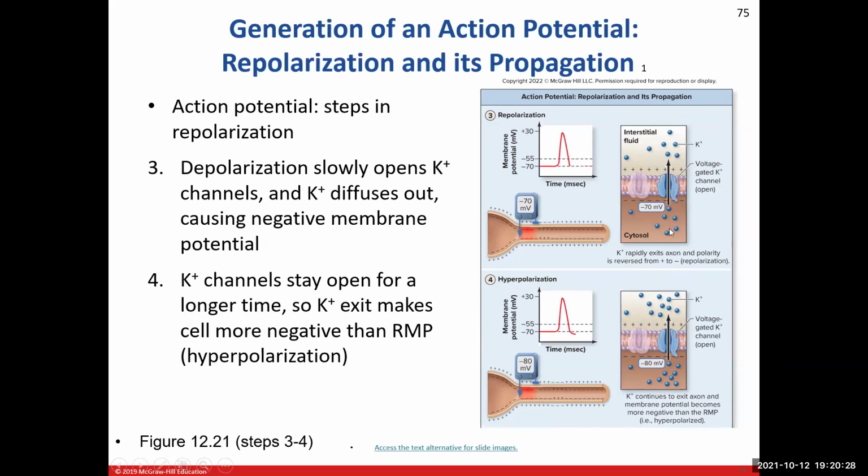And so potassium starts to diffuse out of the cell, going down its concentration gradient. It brings its positive charge with it, and it makes the outside of the cell positive, and the inside of the cell returns back to its negative value. You can see as it starts to fall down. And so we're trying to get back to this negative 70 resting membrane potential.